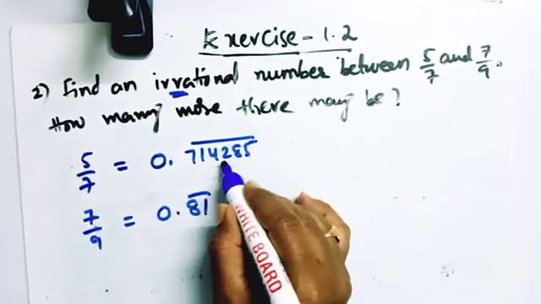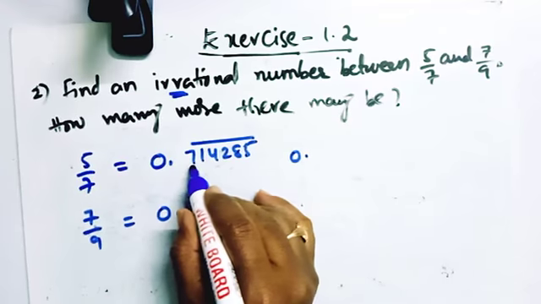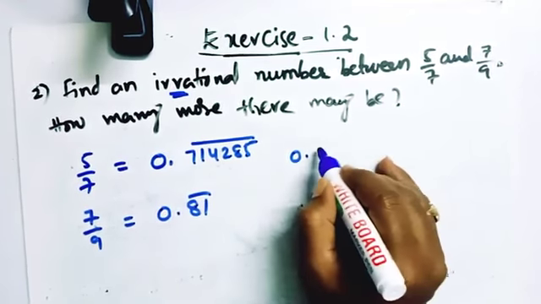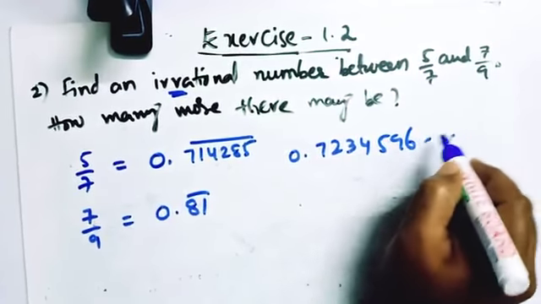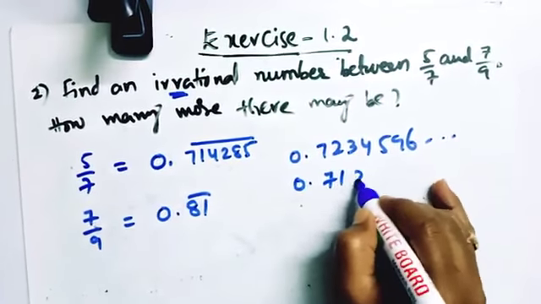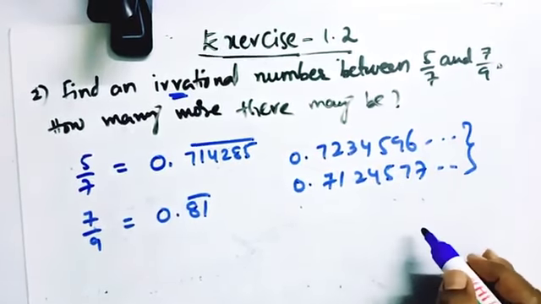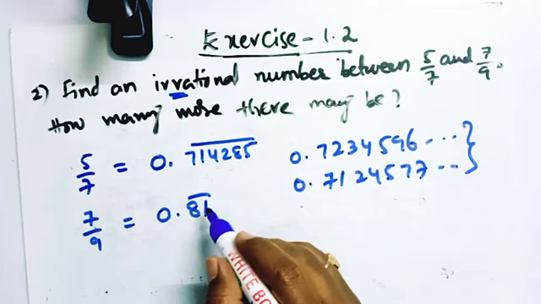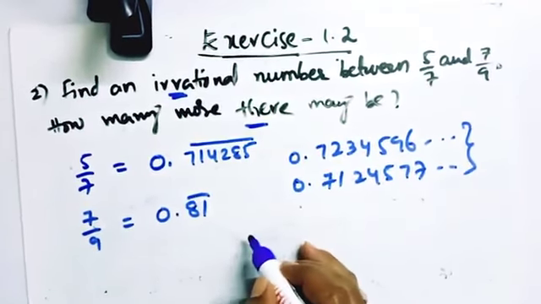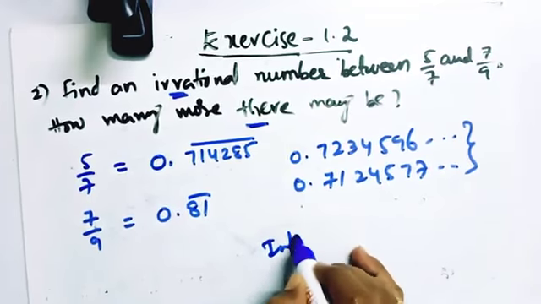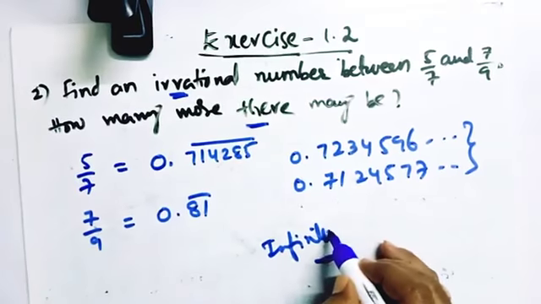So you should write a number between these two numbers, like 0.7181 and then 7234, some number like 0.712467 something. So these all are irrational numbers between 5 by 7 and 7 by 9. The next question, how many more can there be, means there are an infinite number of irrational numbers between these two numbers.